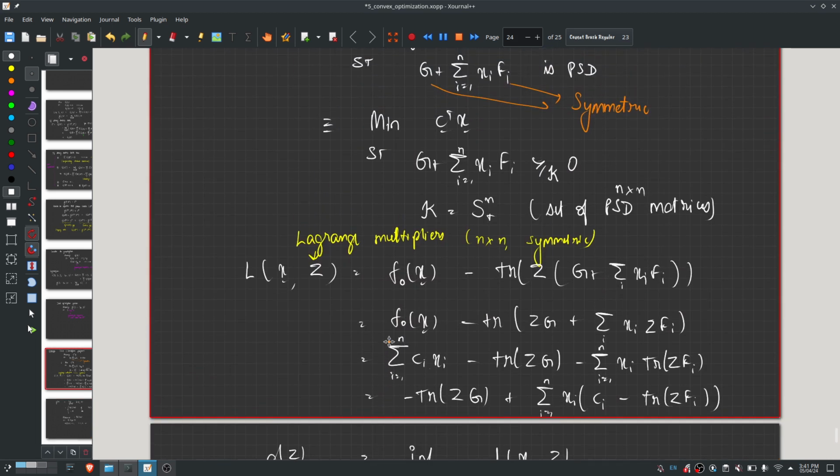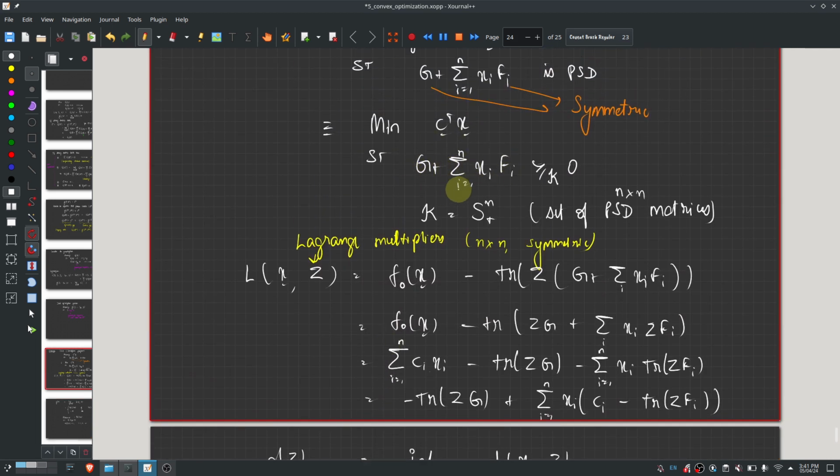Yeah, but that's the same as saying that the negative of this is less than or equal to 0. No, the inequality still remains the same, right? So this greater than or equal to 0 with respect to K is the same as the negative of this less than or equal to 0 with respect to K, because it's as though you're subtracting the same quantity from both sides.